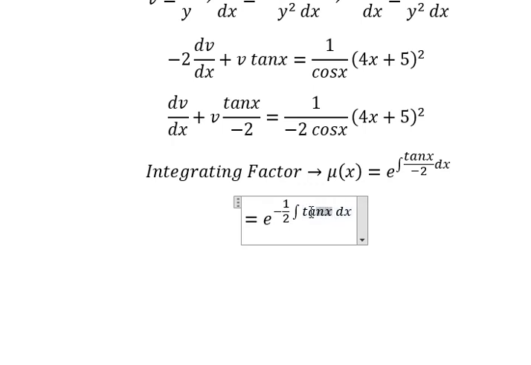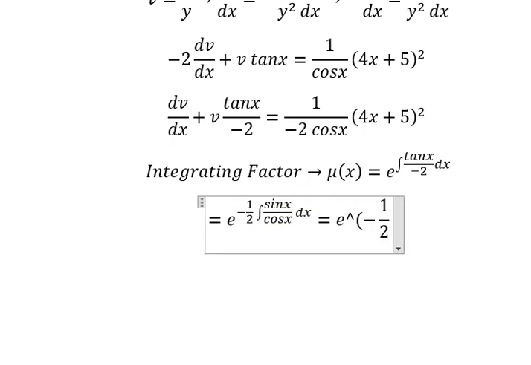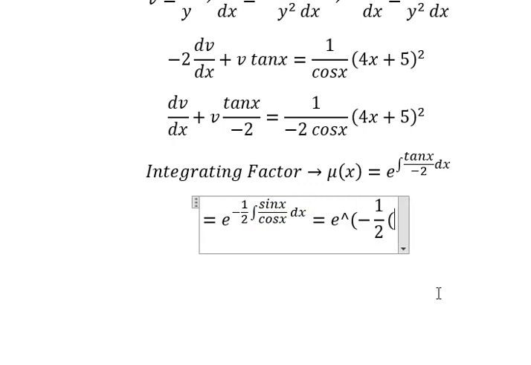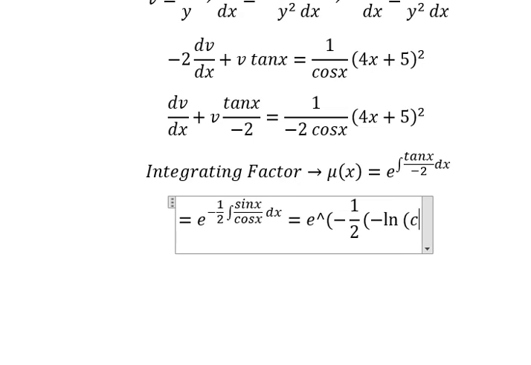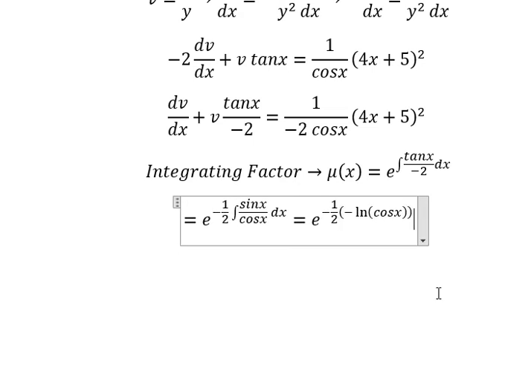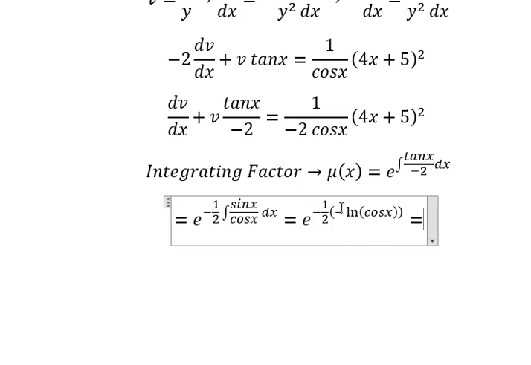And we know that tan s is sin s over cosine s. The integration of sin s over cosine s gives negative ln of cosine s. So negative negative, we cancel.